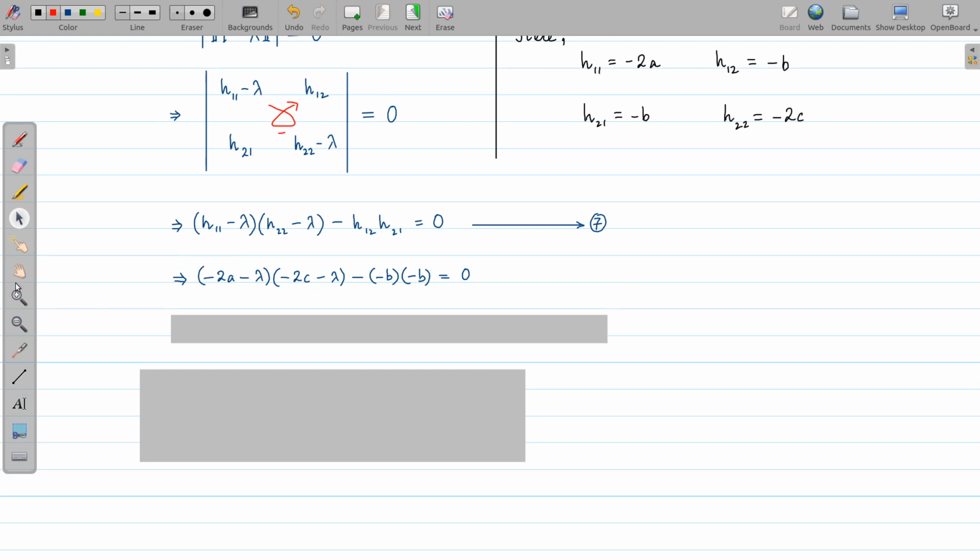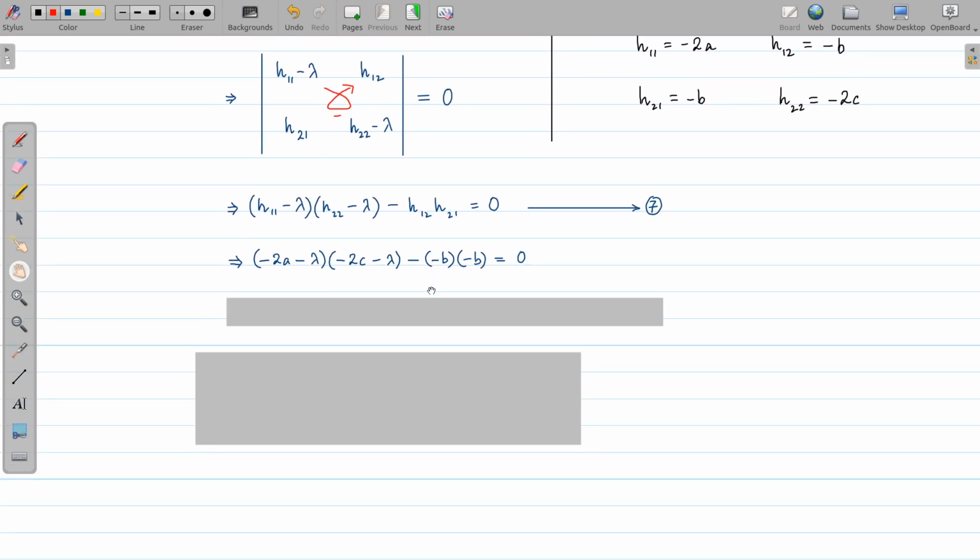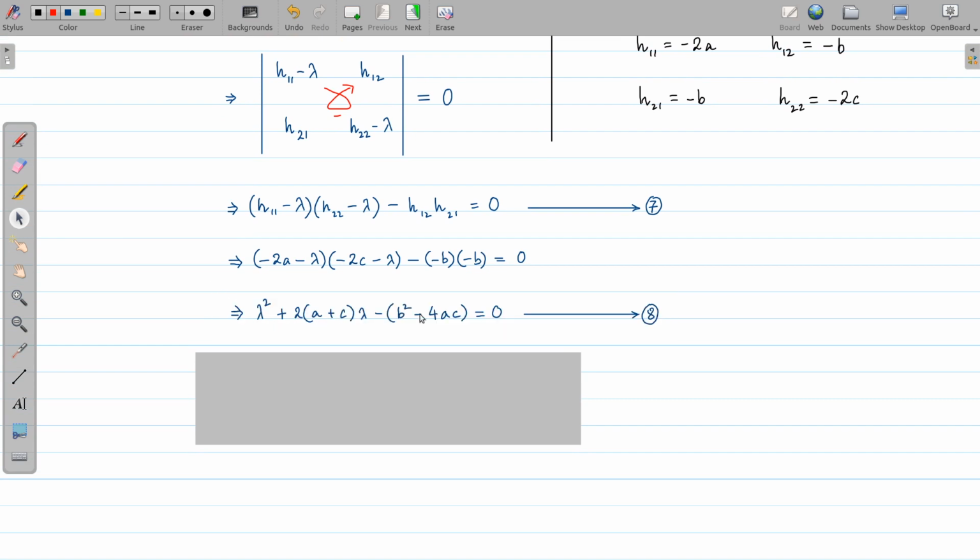Now it's just a matter of substituting the components. H11 is minus twice A, so minus twice A minus lambda. H22 is minus twice C, so minus twice C minus lambda. H12 is minus B, H21 is also minus B, so minus B into minus B, which is equal to 0. If you simplify this, I'll leave this to you, you will get something like this.